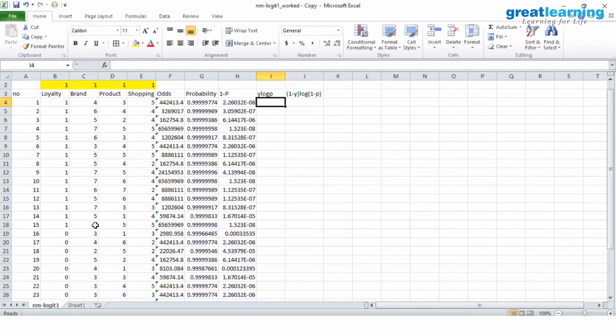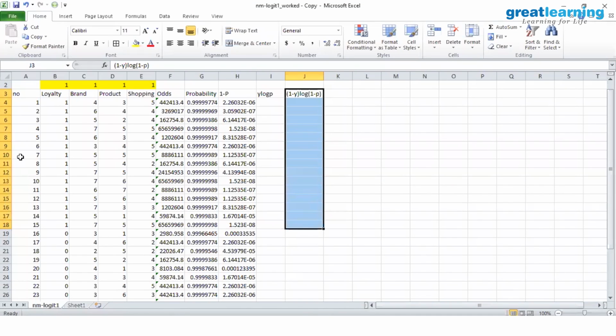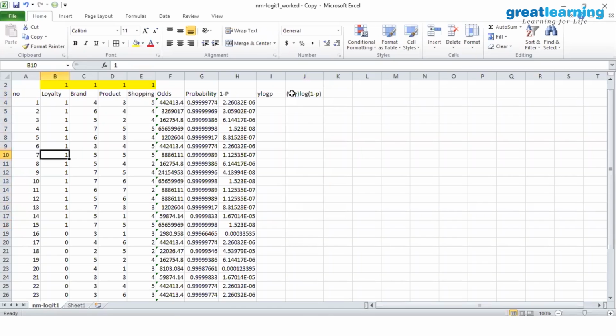In our final formula, if y becomes 0, this becomes 0, whereas this does not become 0. If y is 1, this becomes 0, whereas this does not become 0. Therefore, you will get a value; you will have a strong value at the end.